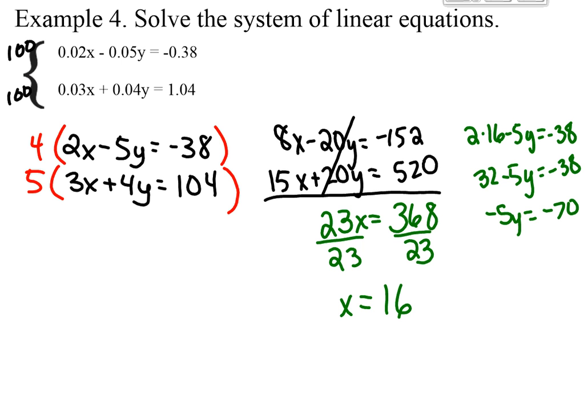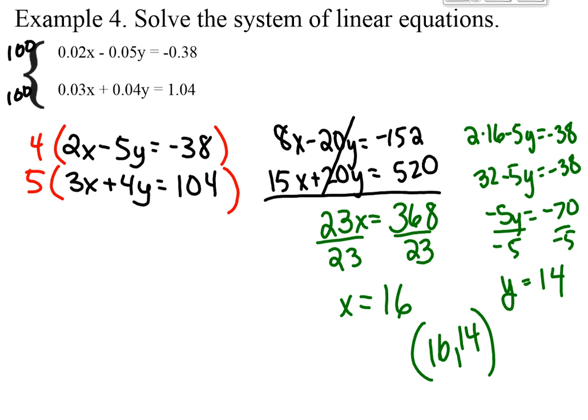And then divide by negative 5, and y equals 14. So I get 16, 14. And you have access to a calculator, so I would check that in the very original one, and it's just a matter of going 0.02 times 16 plus 0.05 times 14 and just seeing if that is the correct answer as we go.